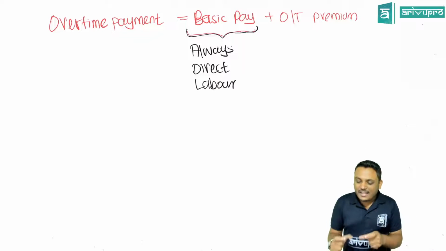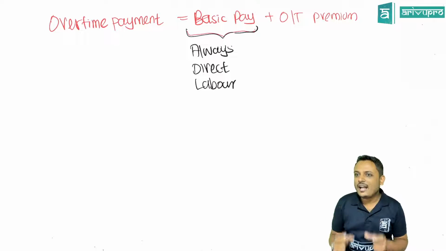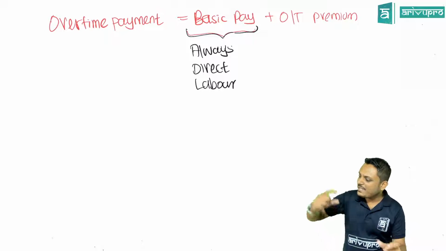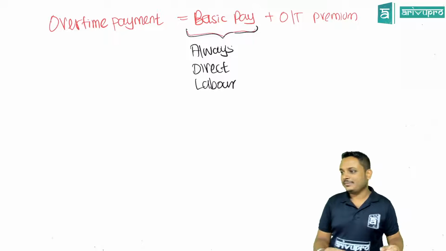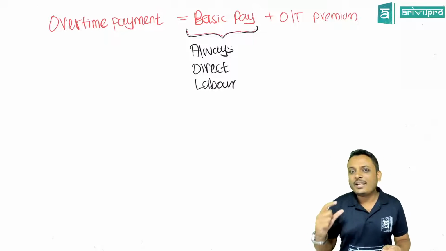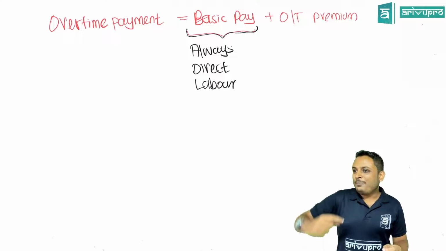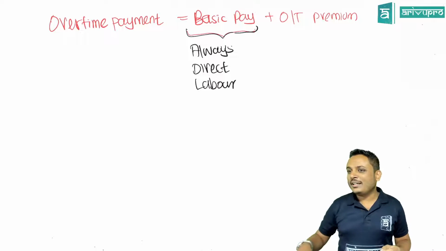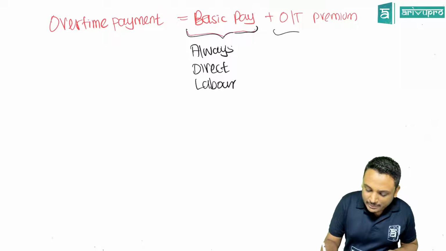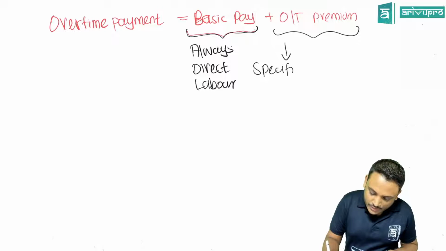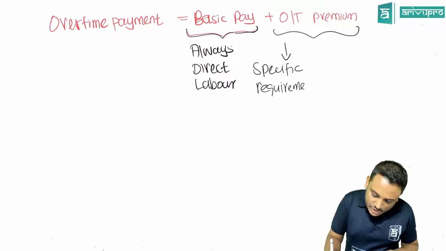So, when an overtime requirement arises based on a specific requirement of the customer, then the overtime premium is direct labor. You understood my example? It is a specific requirement from whom?